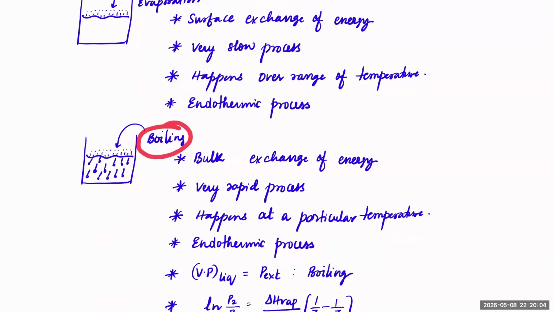While what is boiling? Boiling is actually a bulk phenomenon. There is an exchange of heat in the bulk, not just on the surface. This is a very rapid process. It always happens at a particular temperature.